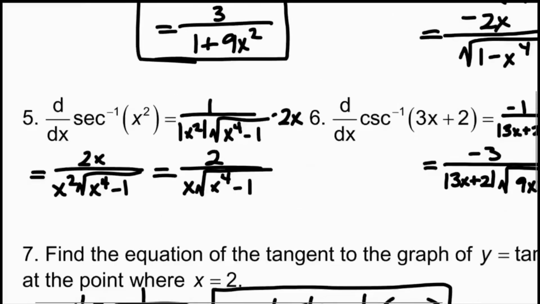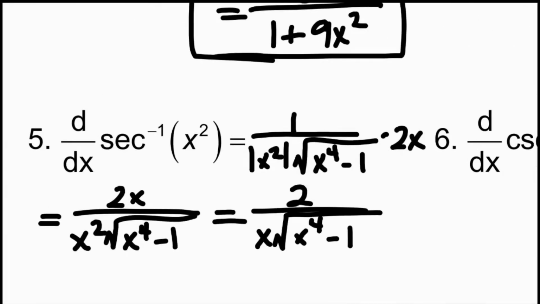Now, this is where they get a little tricky. I have an inverse secant here, inverse secant of x squared. So when I'm taking the derivative here, it's 1 over the absolute value of u times the square root of u squared minus 1, times du/dx. Now, notice we have an x squared inside of an absolute value. x squared is always going to be positive.